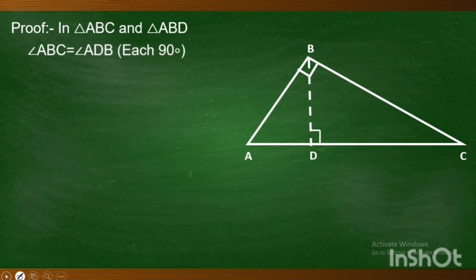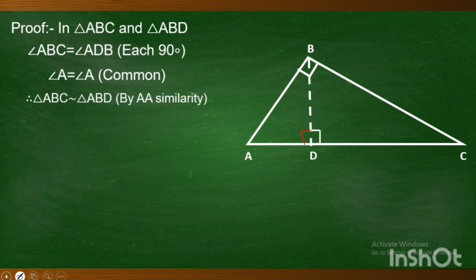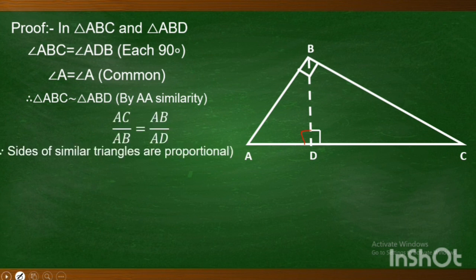See here, angle ABC and angle ADB are each 90 degrees. So angle ABC is 90 degrees and this angle ADB is also 90 degrees. And angle A is common to both the triangles. So using AA similarity, these two triangles are similar. If the two triangles are similar, their sides are proportional.